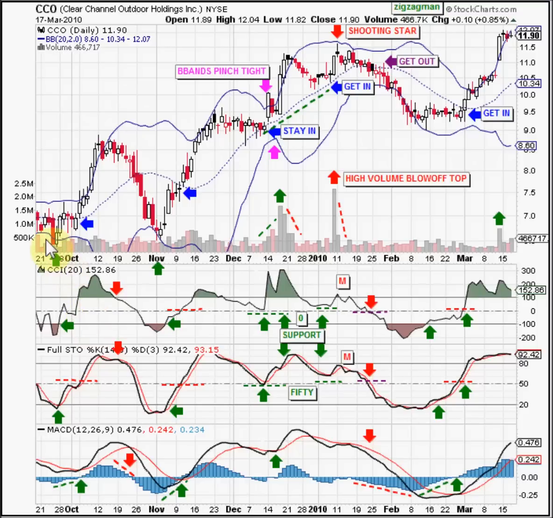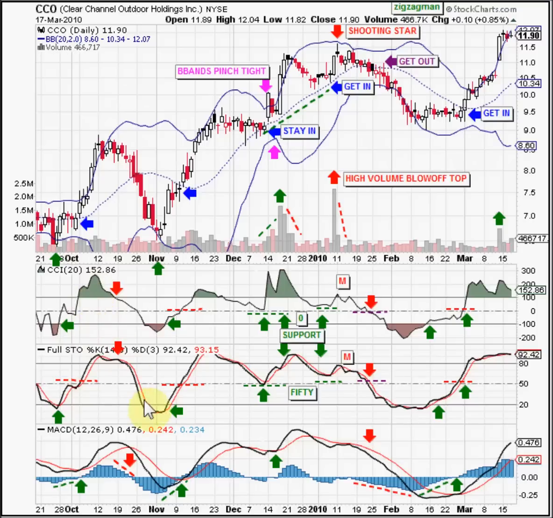So if you missed my perfect entry below the lower Bollinger Band, you can still get in when the CCI pulls back to the 0 line and bounces, and stochastics breaks above the 50 line.